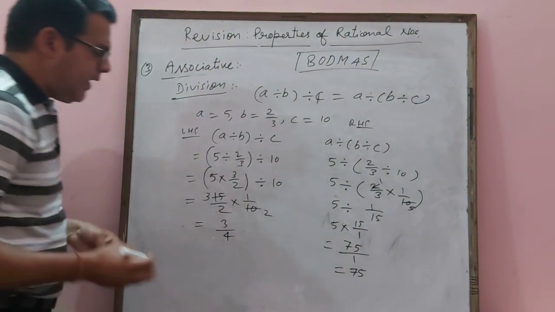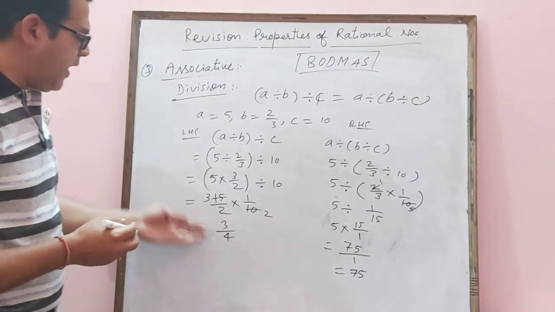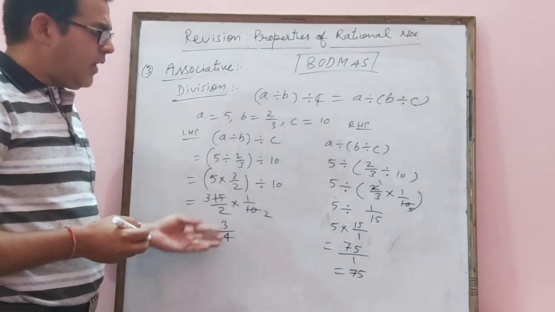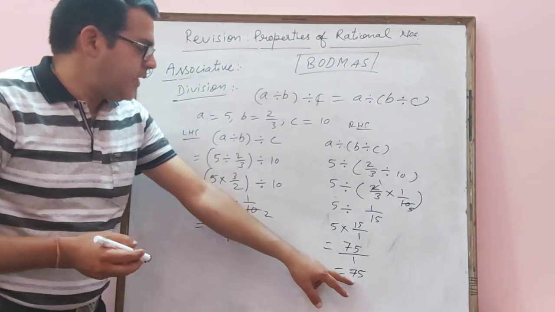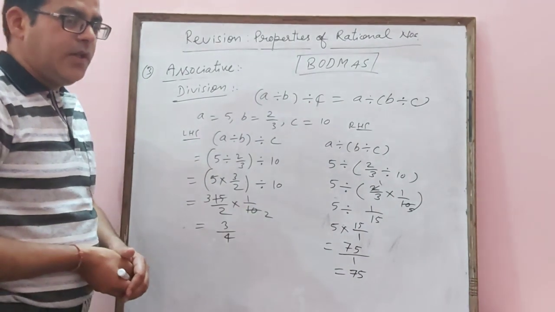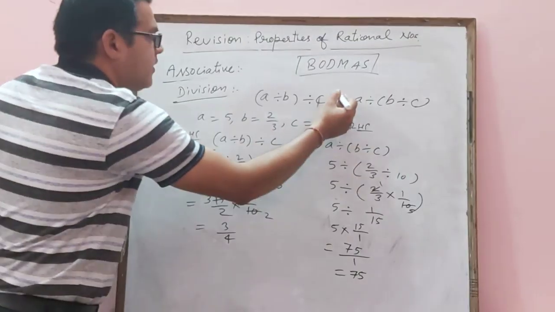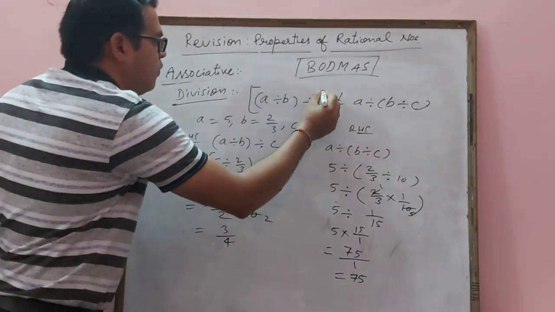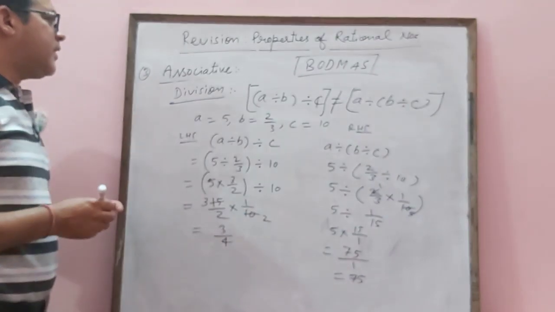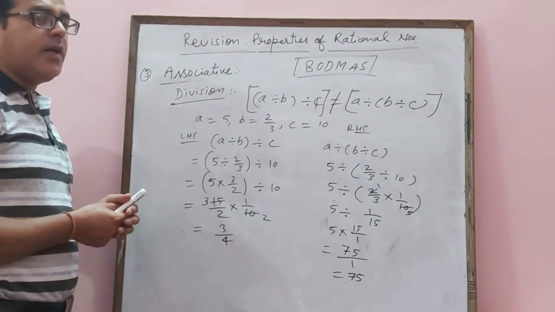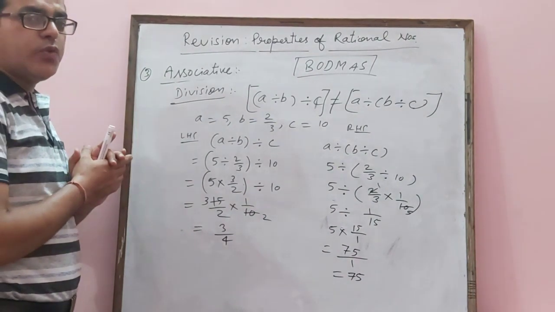So you can see here, left hand side we are getting 3 by 4 and right hand side we are getting a totally different value, that is 75. It means we can't say this relation is true. It means the conclusion is that division for rational numbers is not associative.